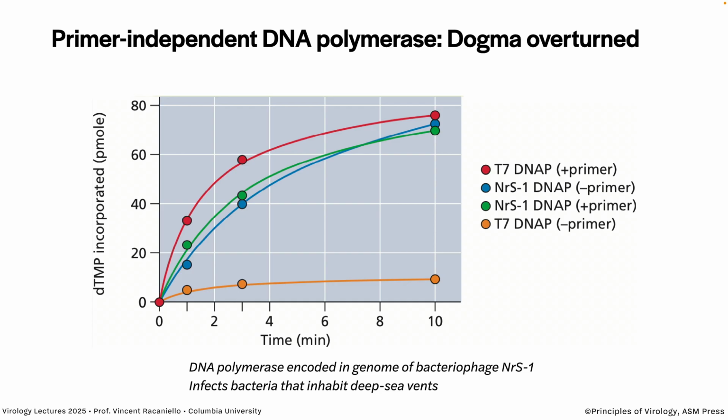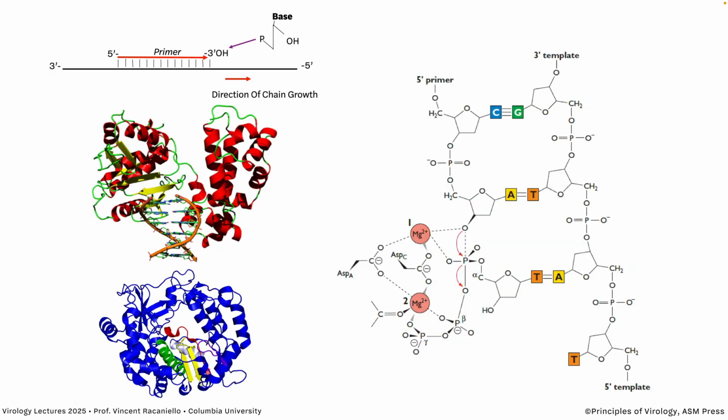So this virus was isolated from one of those deep dwelling bacteria. And look, NRS1 without a primer is making product as much as with a primer. So dogma overturned. Presumably some more DNA polymerases are primer independent that we haven't found.